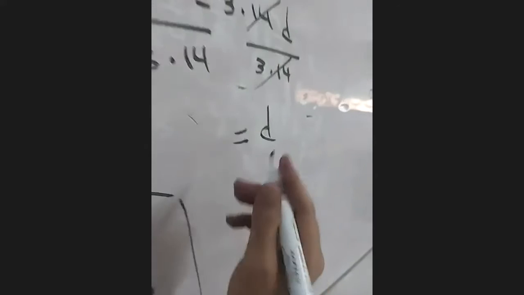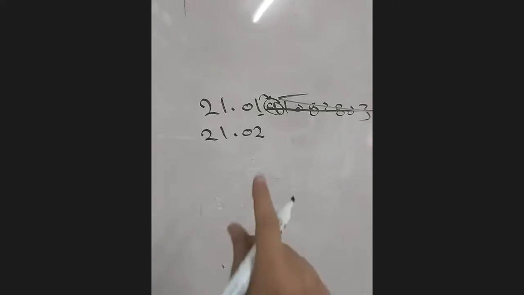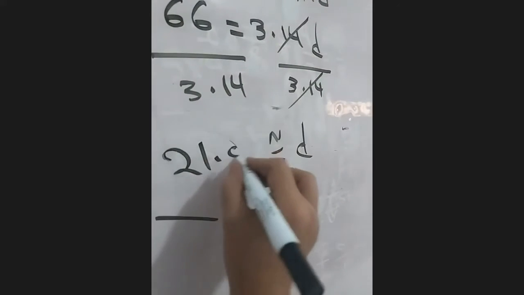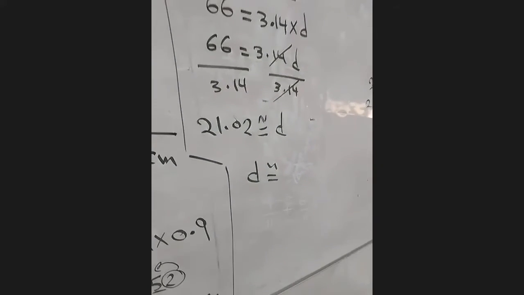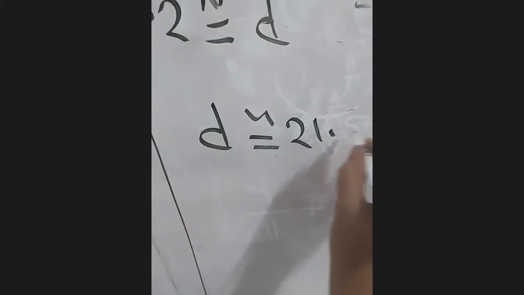And all the others, I don't need them. So D equal, it is not equal. It is rounded to. Approximately. Not equal. What is the value we will use now? 21.02. So D approximated, this is the meaning of the word approximated. We rounded it to 21.02.